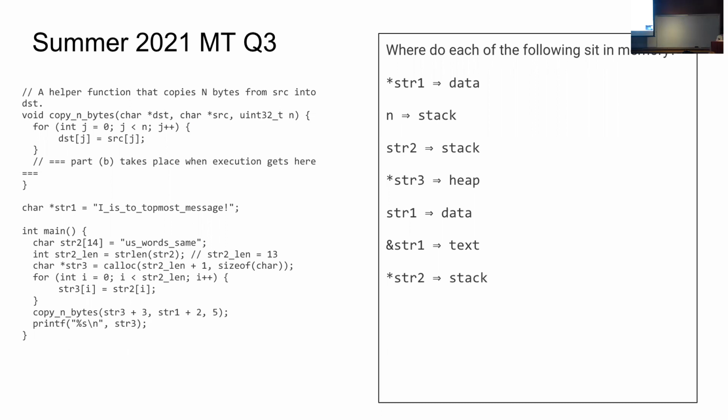For that reason, the address of stir1 is encoded inside the code. If that was confusing, please don't hesitate to post on Ed. But for now, that's the end of the review session.